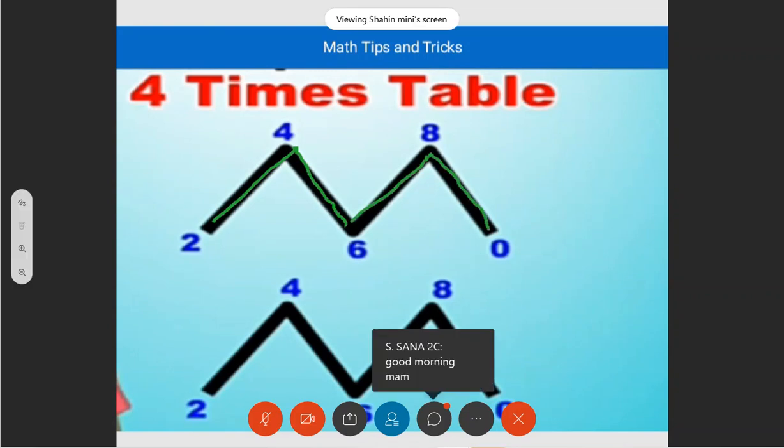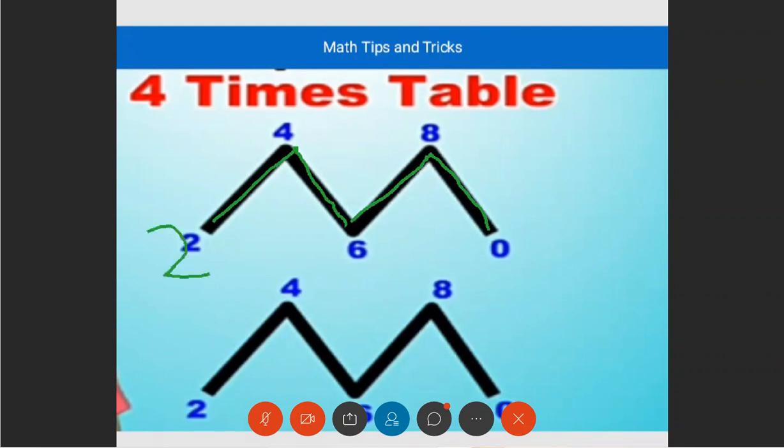After that, write down the even numbers. You know even numbers now. Yes, 2, then write 4, then 6, then 8, and the number ending with 0 is also an even number, so write it last.